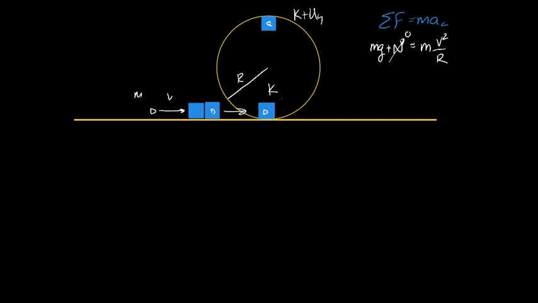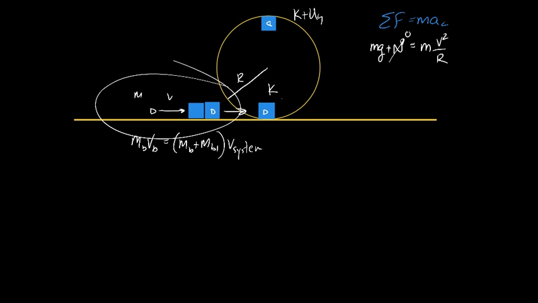That's a collision. Here we're going to have mass of the bullet times the velocity of the bullet equals mass of the bullet plus the mass of the block times the velocity of the system. That's a conservation of momentum question. This problem has a conservation of momentum part, conservation of energy part, and a net force part.